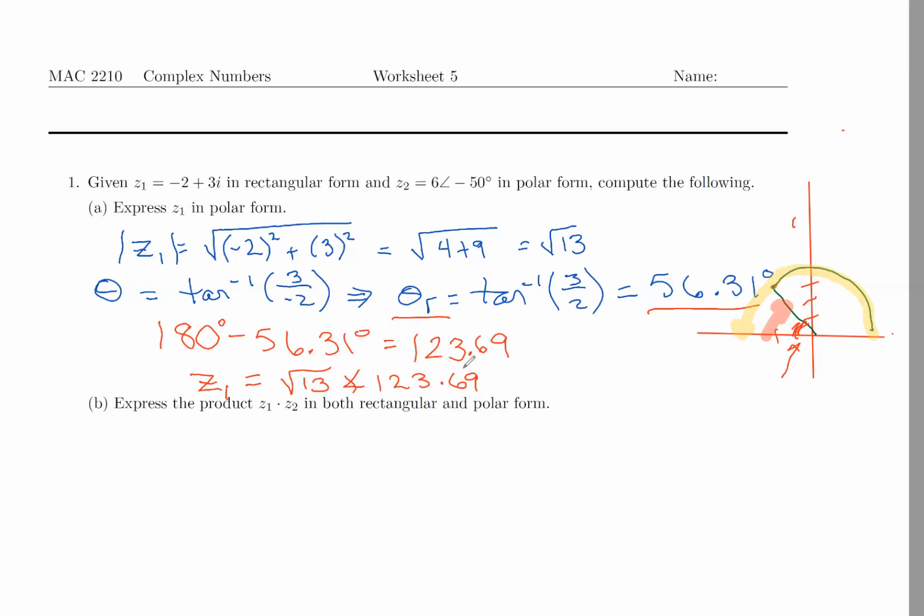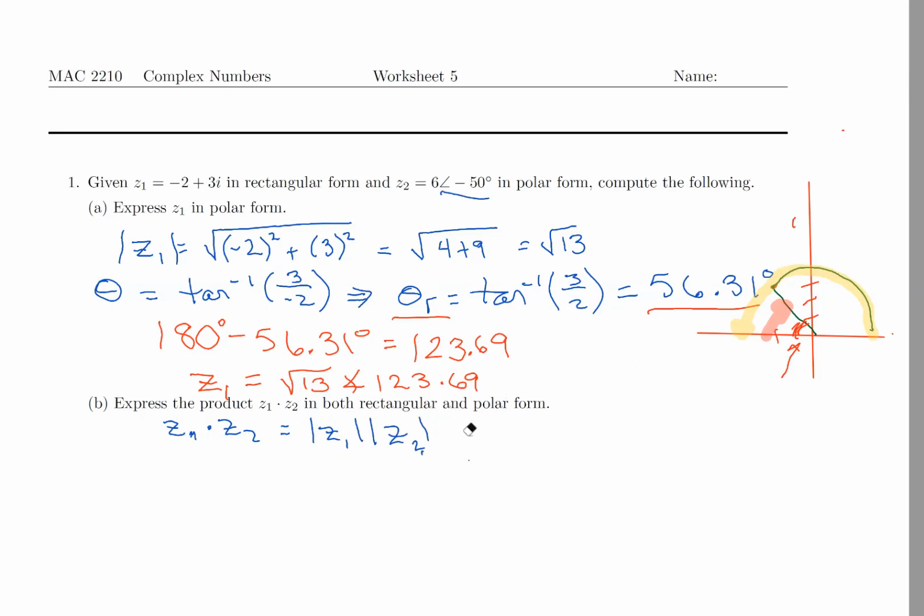Now, if you watch the video on multiplying and dividing rectangular and polar coordinates, it says that if I want to know what Z1 times Z2 equals, I multiply the magnitudes and I add the angles.